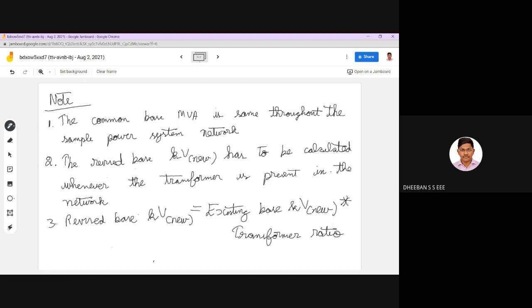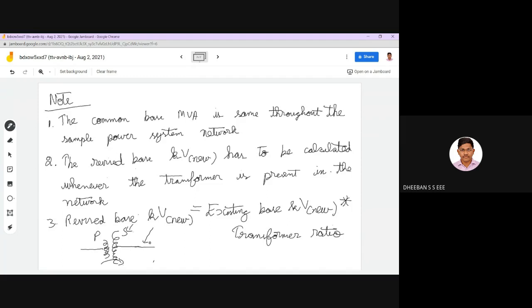And the base voltage also varies for the transmission line. That is, this might be your transformer. So you'll be jumping from your primary to your secondary side. While jumping from primary to secondary side, you have to find the revised base value of voltage for the secondary of the transformer, as well as for the secondary of the transmission line.